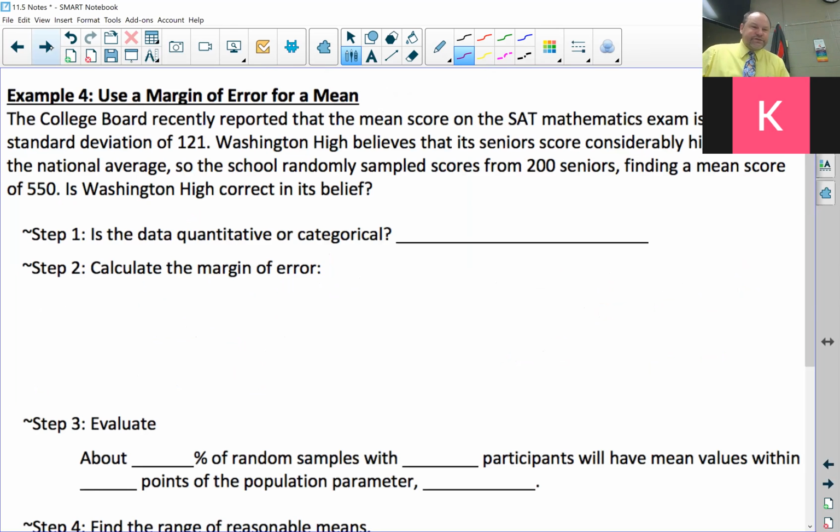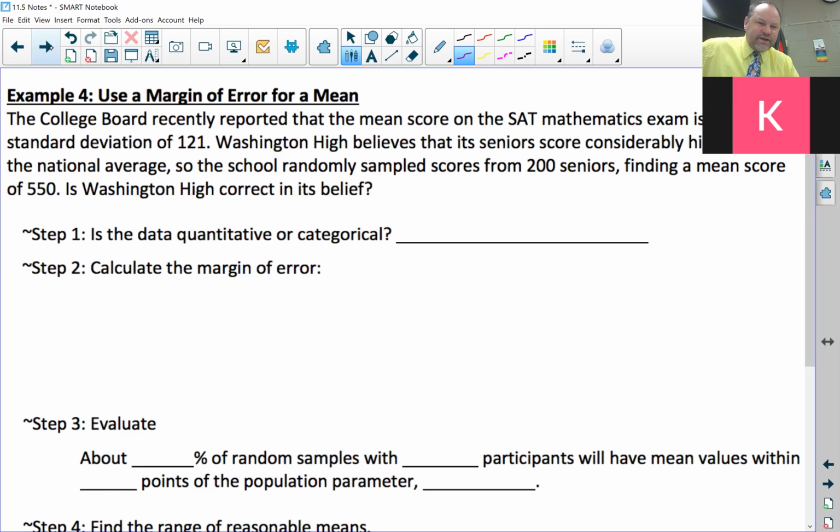All right, so here's an example. The College Board recently reported that the mean score on the SAT mathematics exam is 508 with a standard deviation of 121. Washington High believes that their seniors score considerably higher than the national average. So the school randomly sampled scores from 200 seniors, finding a mean score of 550.